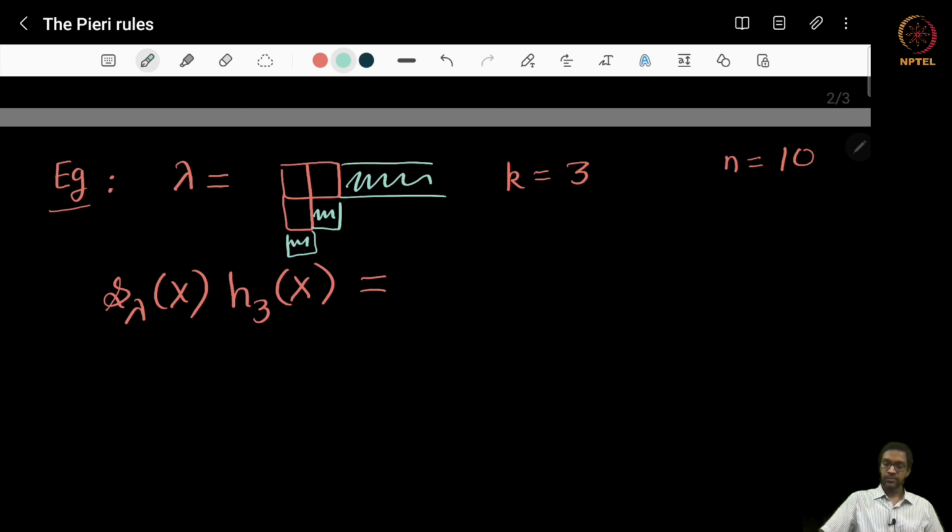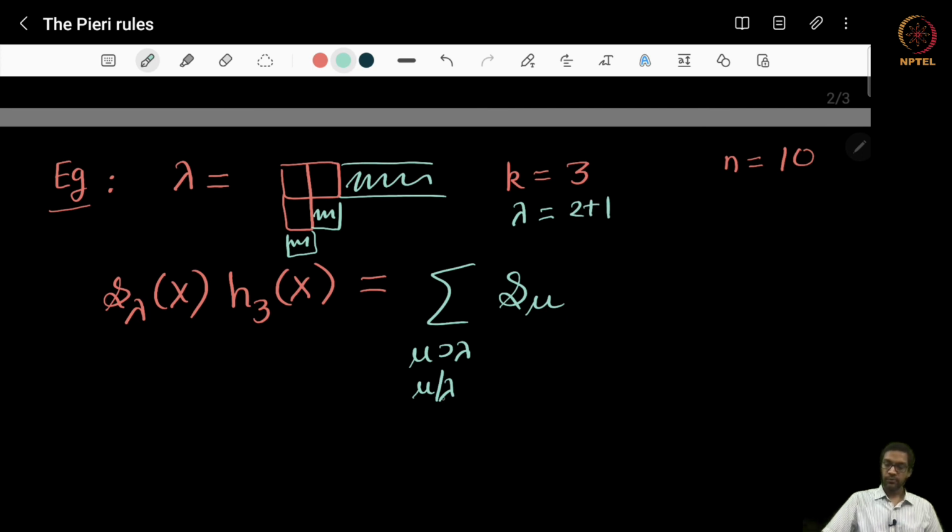Now, what are you supposed to do? You are supposed to add. So this is now the sum of all Schur functions S mu, where mu contains lambda, and mu minus lambda, well, we know how many boxes it has. It's supposed to be a partition of D plus K. Lambda in this case is the partition 2, 1.